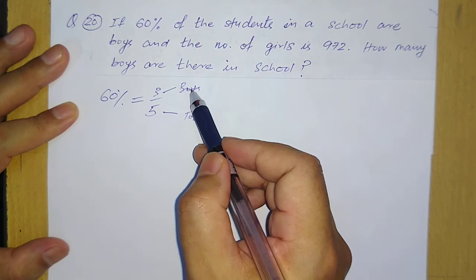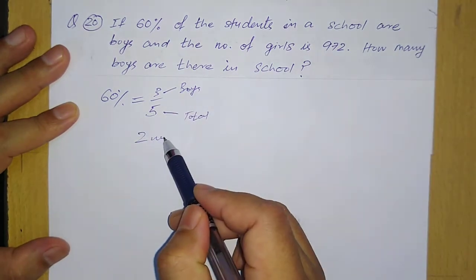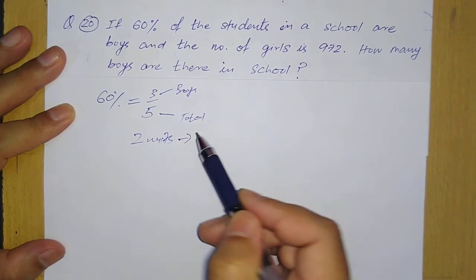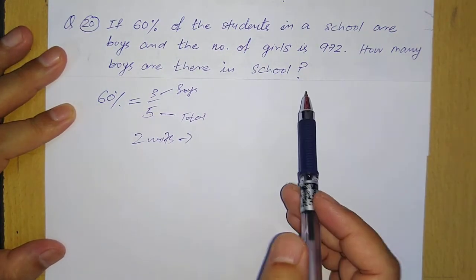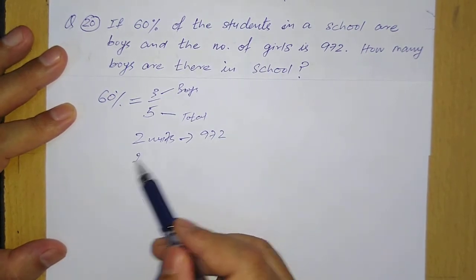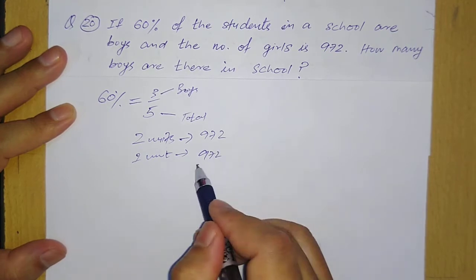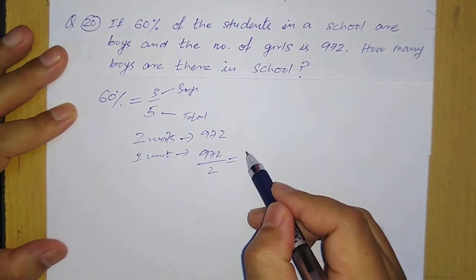So total minus boys will give us girls. So 5 minus 3 is 2. So 2 units represents how many girls? In the question it's given the number of girls is 972. So 1 unit will represent how much?